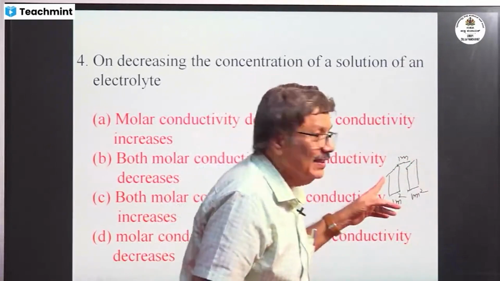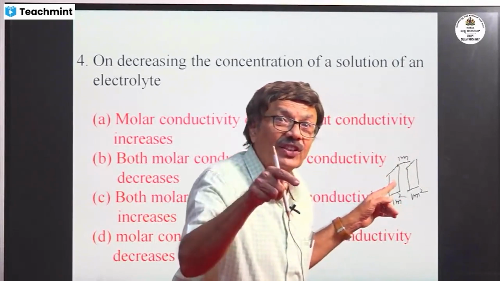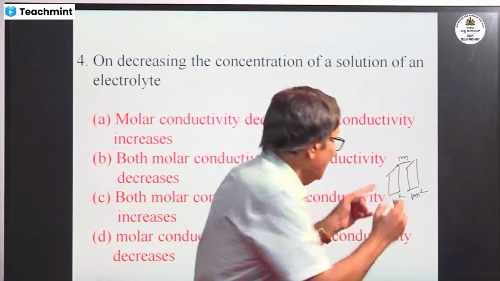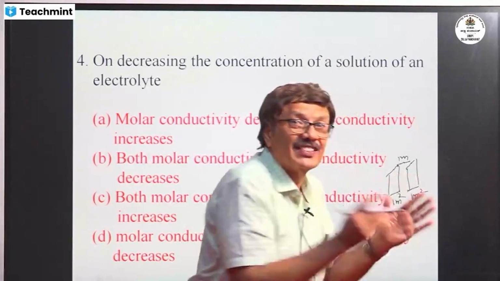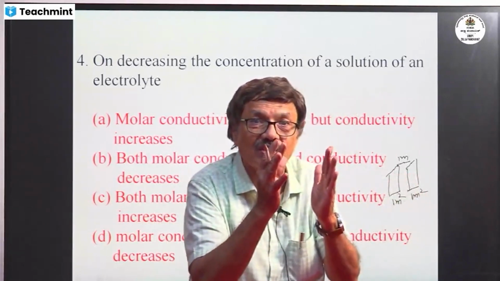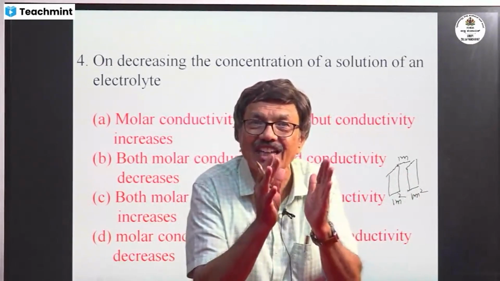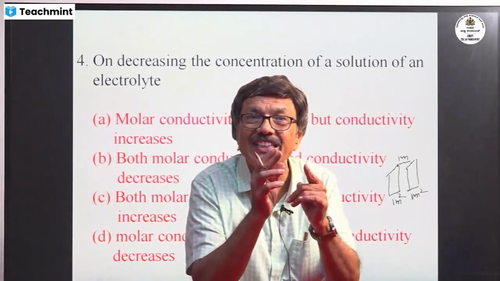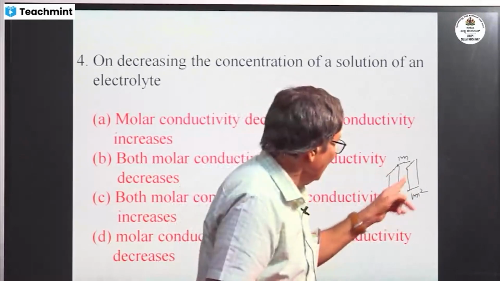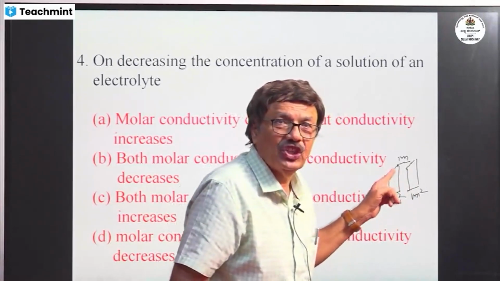The number of ions present in this space between the two electrodes is responsible. Can you tell the volume of the solution confined between the two electrodes? It is 1 meter cube.